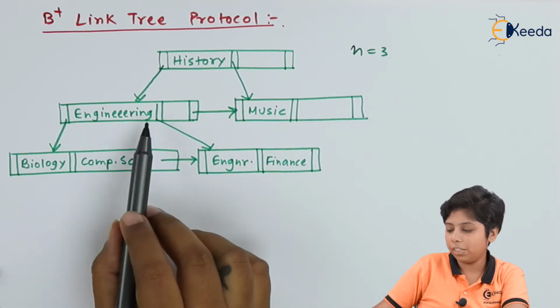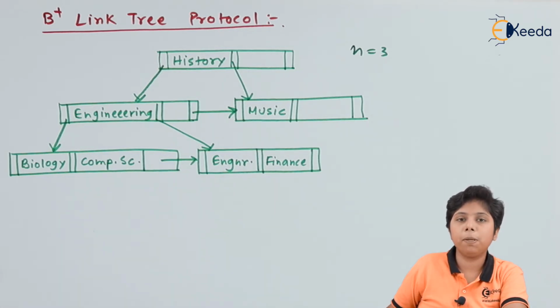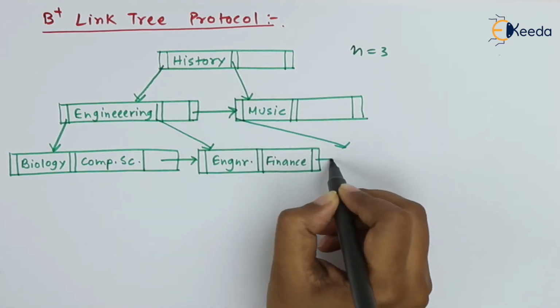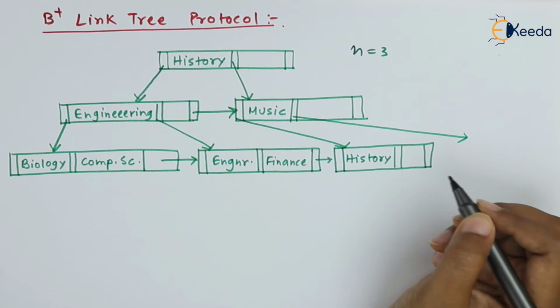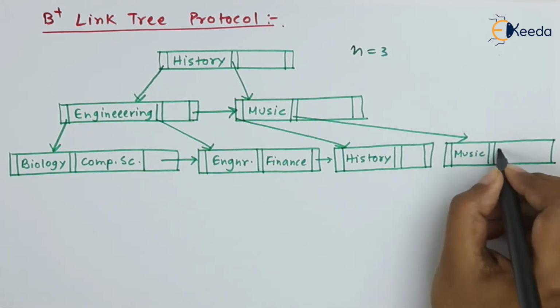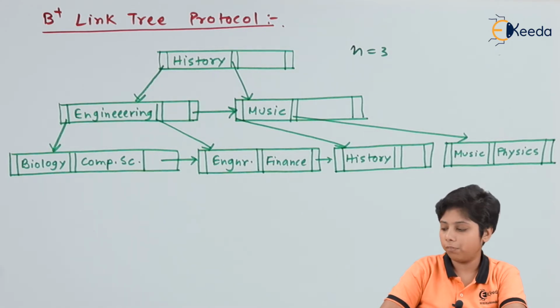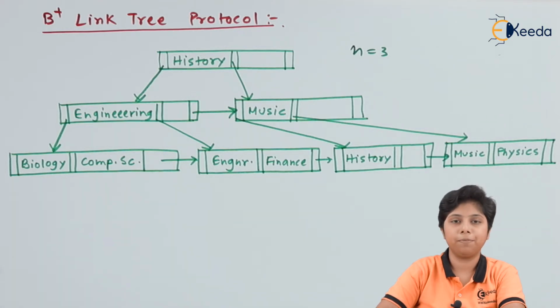So now we have engineering's right side as engineering and finance, because for a B plus tree we know that every node belongs to the leaf node as the final search key values. So now this is my B plus link tree that we have made, with every node having a pointer to its right sibling.